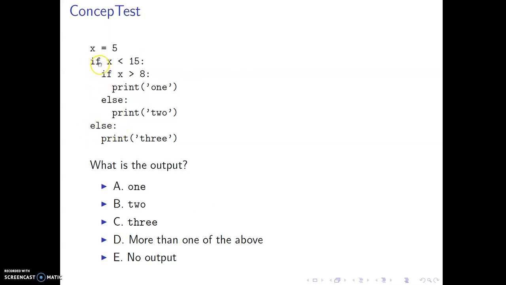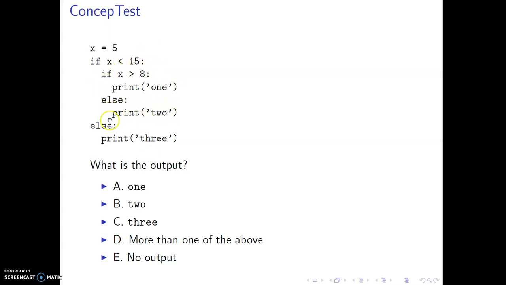So the fact that we have something less than 15 means we will not run the sequence of statements included in the else part here. Had we a value such as 20, we would have skipped through all of this and gone straight to here. But we have something smaller, so we're going to go within this sequence of statements.